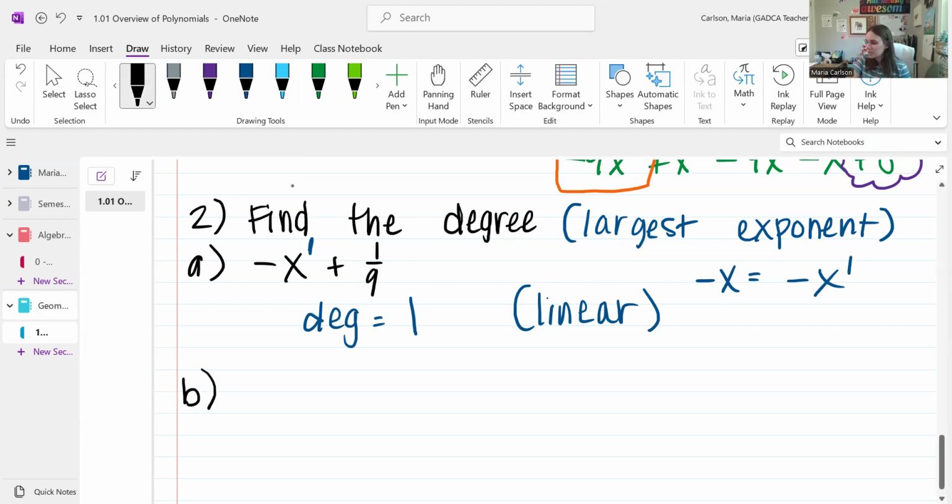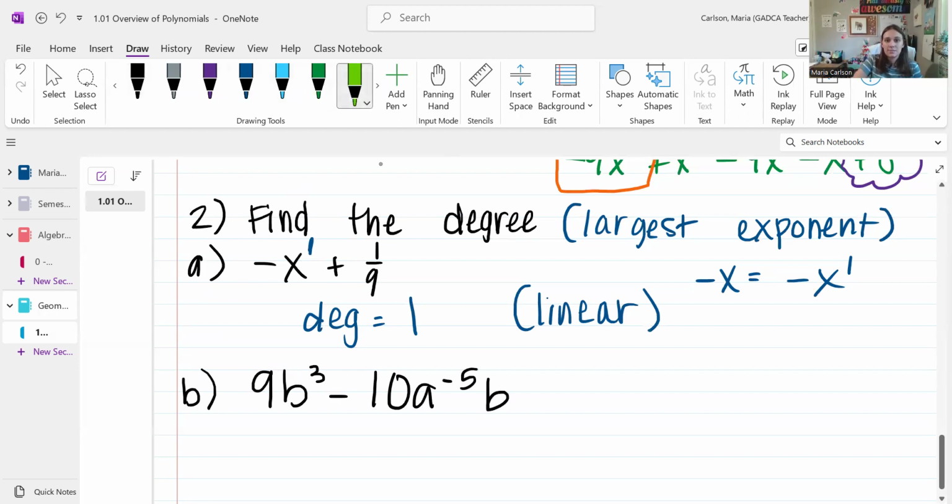Part B. The next polynomial is 9b cubed minus 10a to the negative fifth b. All right, now looking at this to find the degree of the largest exponent, I see a term that has an exponent of 3, and then this next term has two variables, right? One of the variables has an exponent of negative 5, and b has an exponent of 1, excuse me.